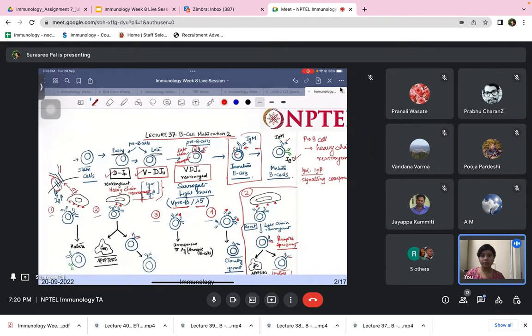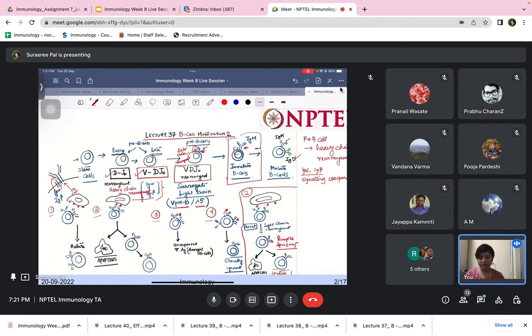So this is how the B cell maturation happens, and these are the events which take place inside the B cell while it is maturing. And one important point here is, while these B cells mature from the immature to the mature B cells, what are the changes which occur inside the B cells?